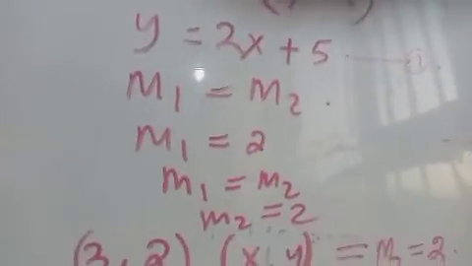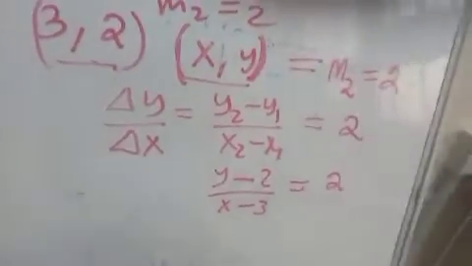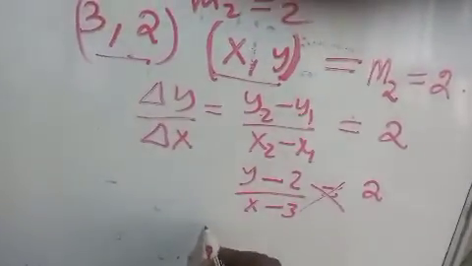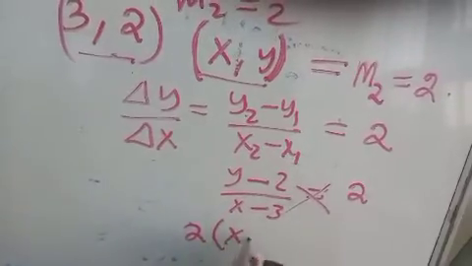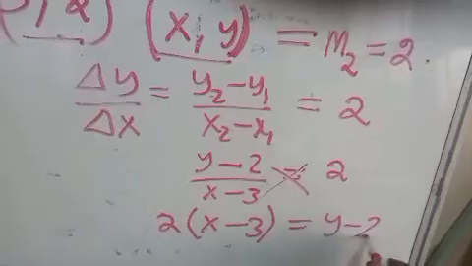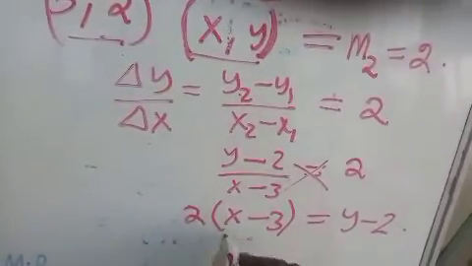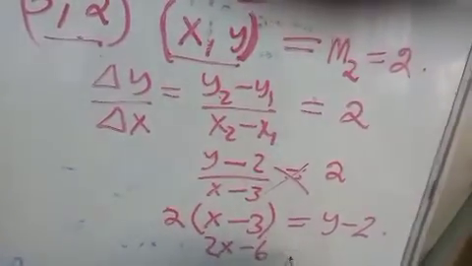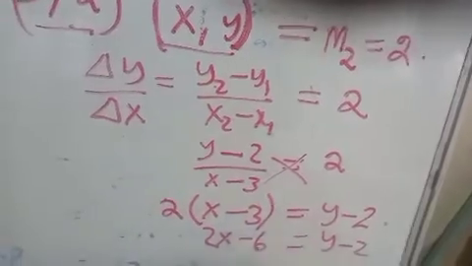Now we can cross multiply: 2 times (x - 3) is equal to y - 2. So 2x - 6 = y - 2.